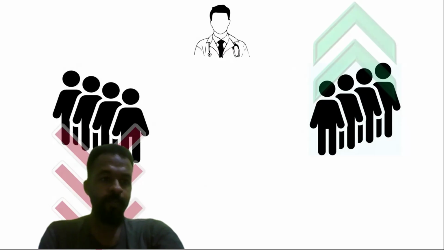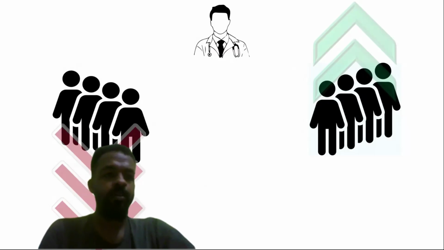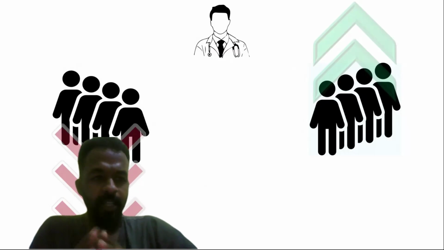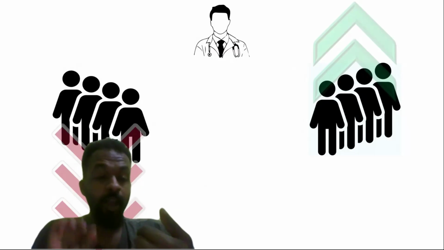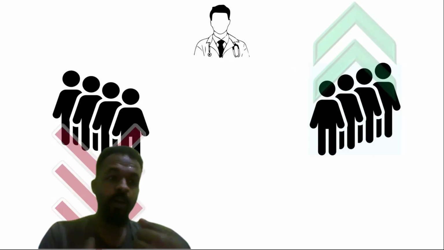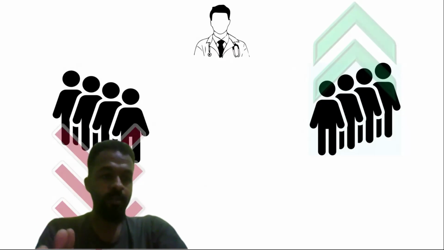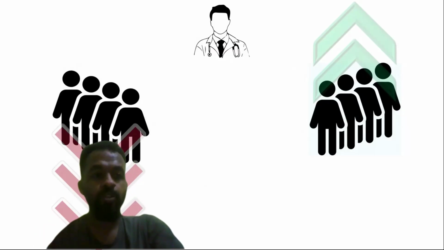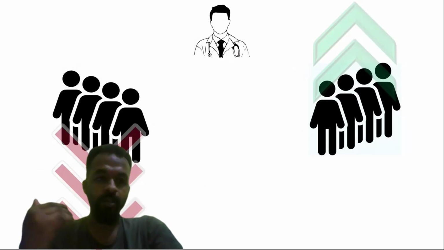In hypothesis testing, we start with two competing ideas. The first is the null hypothesis, written as H0. This assumes no difference exists. In our example, the new drug performs no better than the old drug.